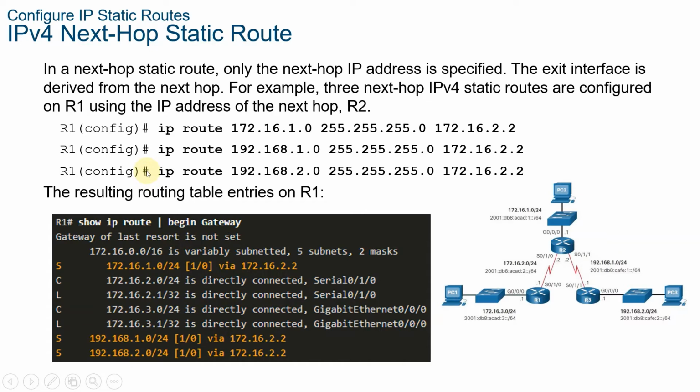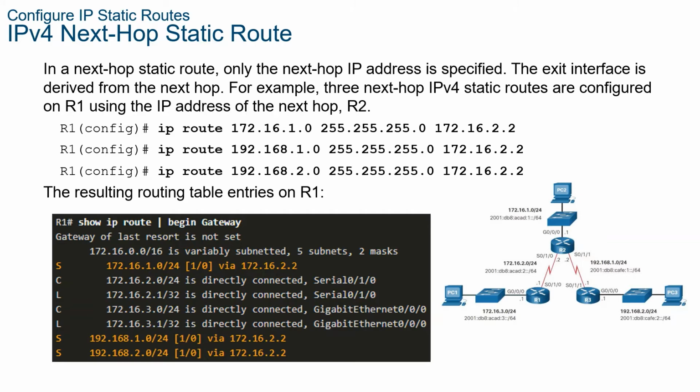This topic shows how to configure the standard next hop, directly connected, and fully specified static routes for both IPv4 and IPv6. In a next hop static route, only the next hop IP address is specified. The exit interface is derived from the next hop.